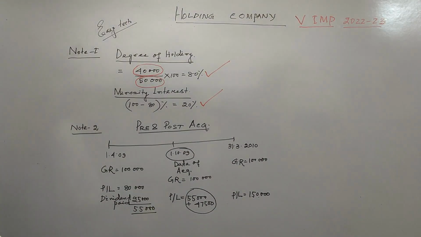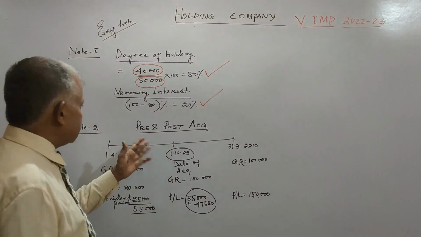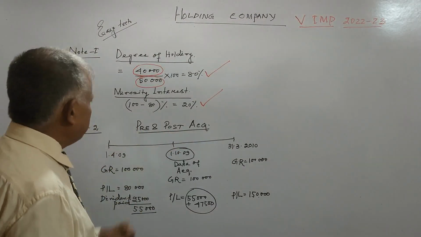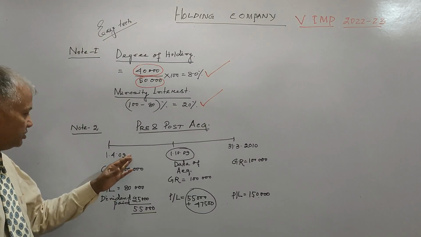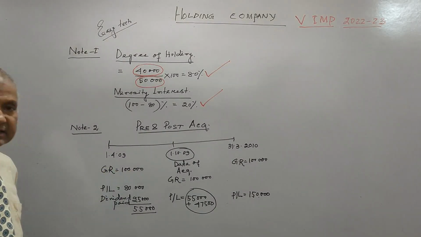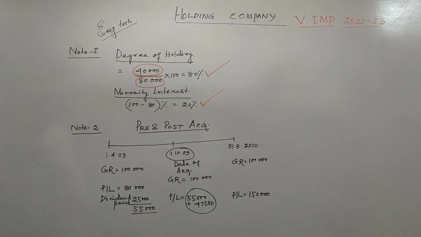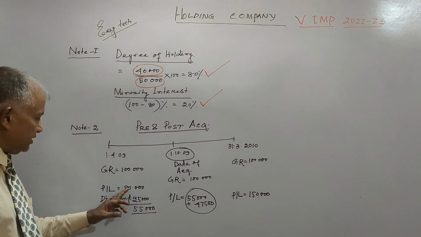Friends, the next note for your understanding is pre and post acquisition. On 1/4/2009, general reserve was 1 lakh. This is the information given in the adjustment, and profit and loss was 80,000.